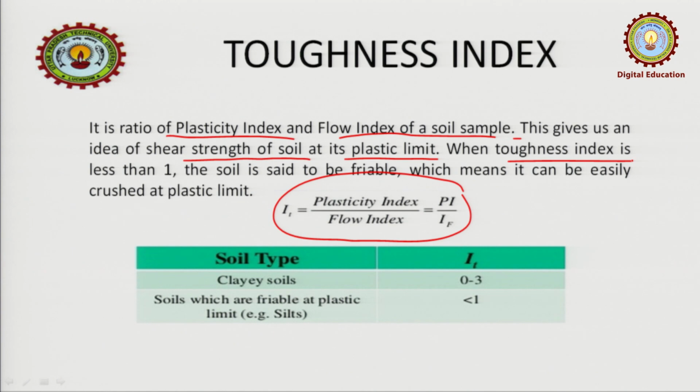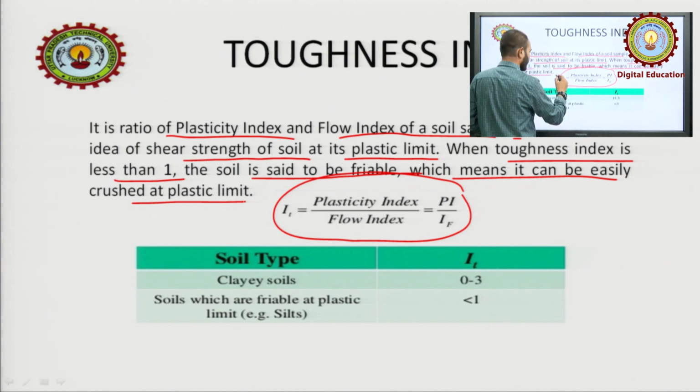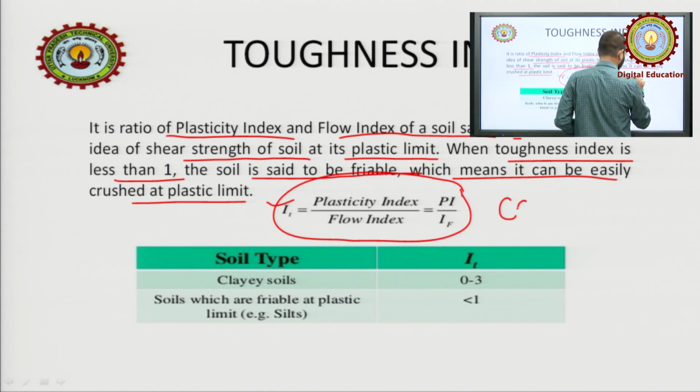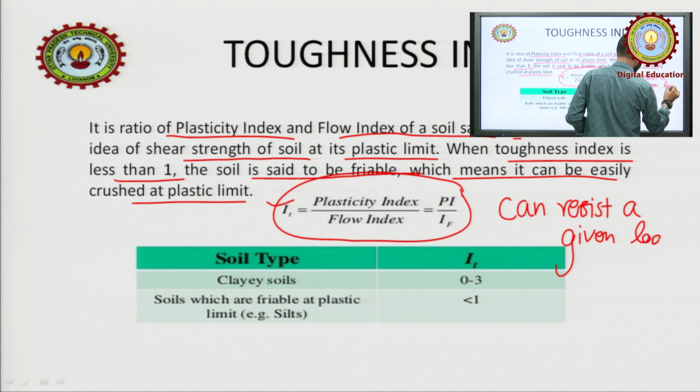When toughness index is less than 1, the soil is said to be friable, which means it can be easily crushed at plastic limit, with our hand also we can crush it. The toughness index is a very good parameter to check whether the soil can resist a given load or not.